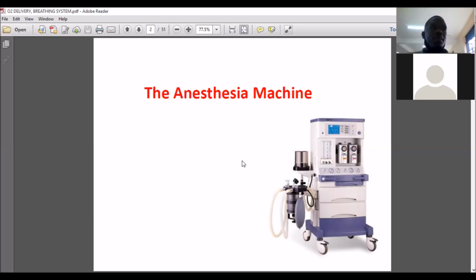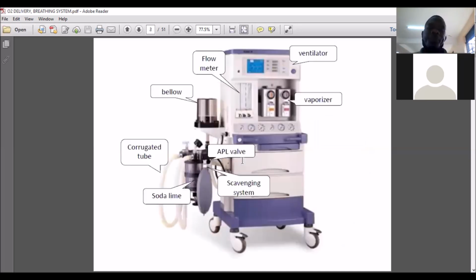The anesthetic machine can be semi-closed, semi-open, and closed system. It can't be an open system. So here in the next slide, you're looking at the parts of the anesthetic machine. One, we have a vaporizer, right? Are we together?